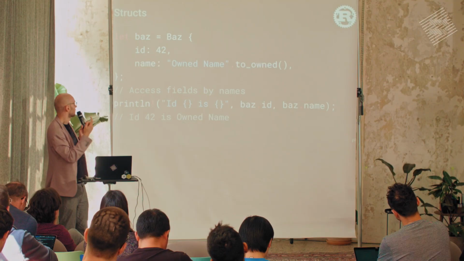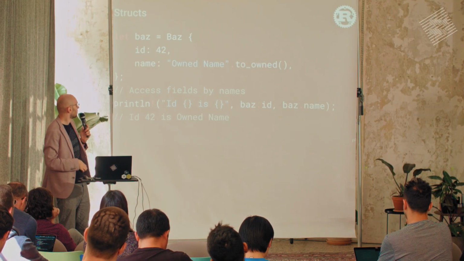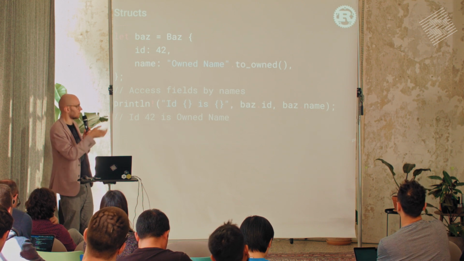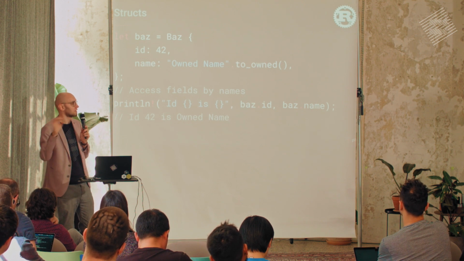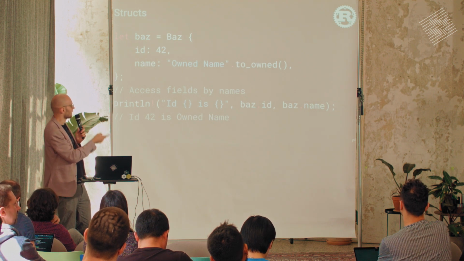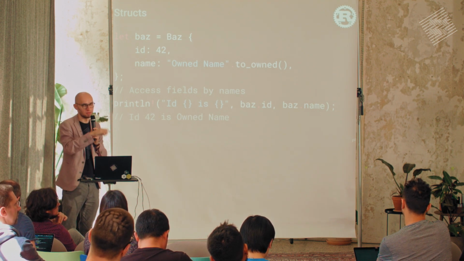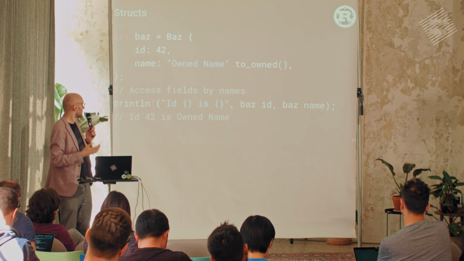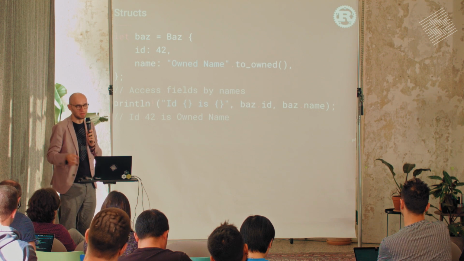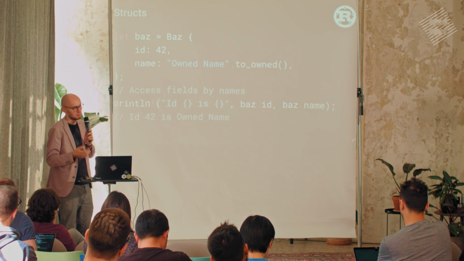So I put 42, and then I create an owned string from a string literal, and then I can print some fields. I can access the fields using the normal dot and the field name. Pretty straightforward. Nothing crazy. This is kind of like the primitive object that you would use, except we don't call them objects.